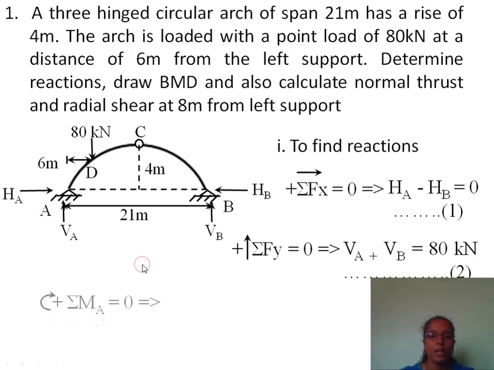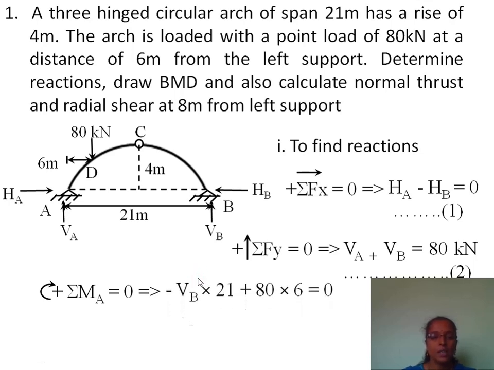Next we apply the third equilibrium condition, sigma MA equals 0, that is, take moment of all the forces about A and equate it to 0. Minus VB into 21 meter, because VB induces an anti-clockwise moment about A and the horizontal distance is 21 meter. The moments of HB, HA and VA about A are 0.